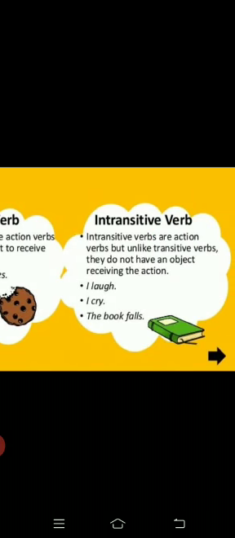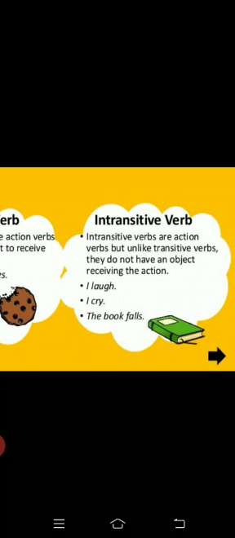Now comes intransitive verbs. These are action verbs, but unlike transitive verbs, they do not have an object receiving the action, and you get the complete meaning as well. Those particular verbs are known as intransitive verbs. For example, I can say: I laugh, I cry, the book falls, the girl smiled, the eagle has landed, the match was won.